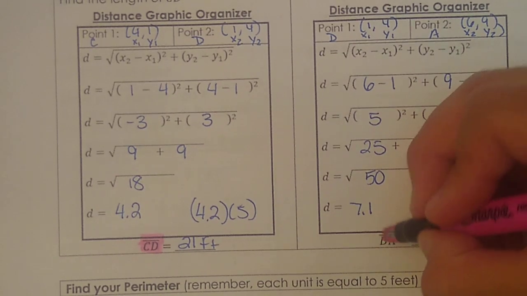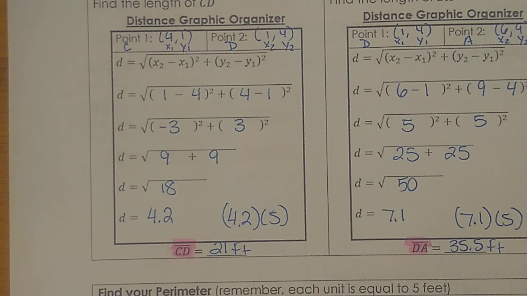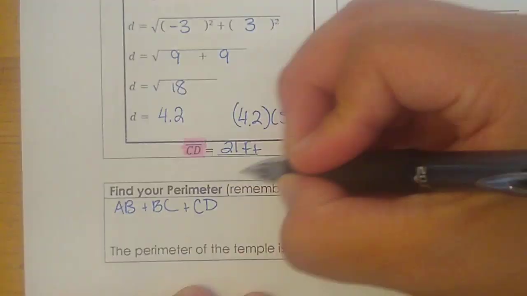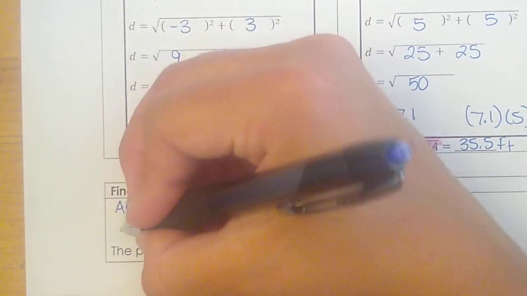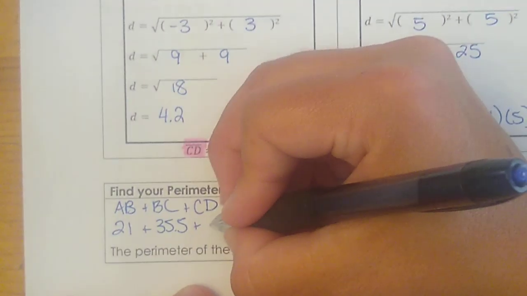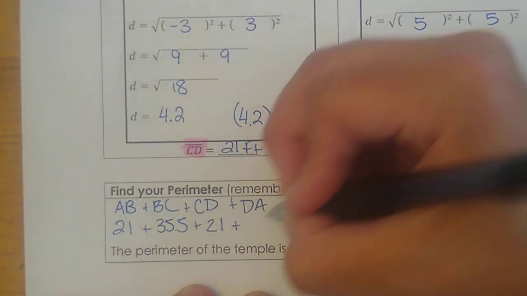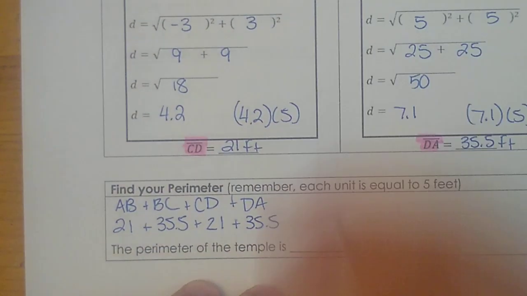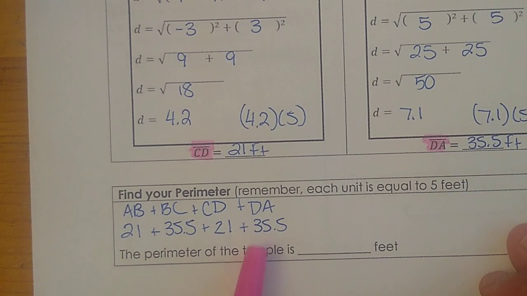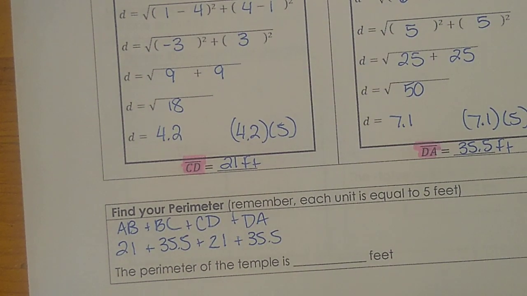So now I'm going to add them all up. AB plus BC plus CD plus DA, all 4. Well, AB is 21. BC is 35.5, CD is also 21, DA is 35.5 again, and when I add all those up, I know 21 plus 21 is going to be 42, 35 plus 35 is 70, so it's 42 plus 71 because 0.5 plus 0.5 is 1.